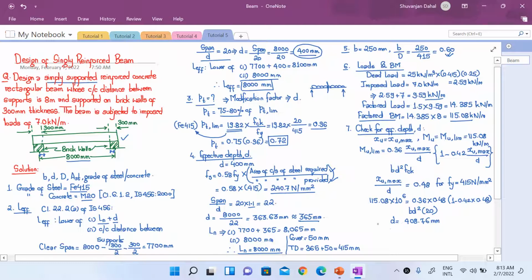So now let us revise the value of d: 408.76 means nearly equal to 410 mm, from our earlier value of 365 mm that we got here. So now our total depth becomes 410 plus 50 equals 460 mm.